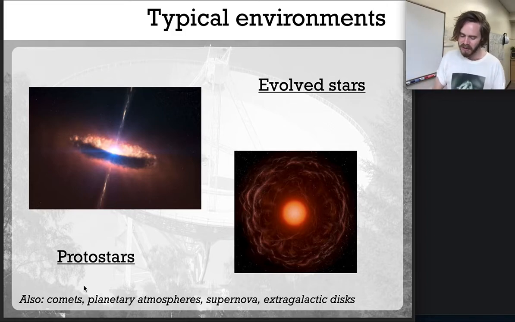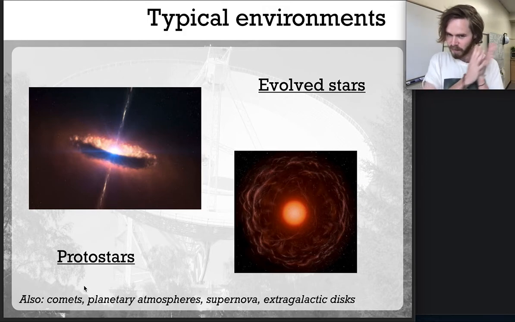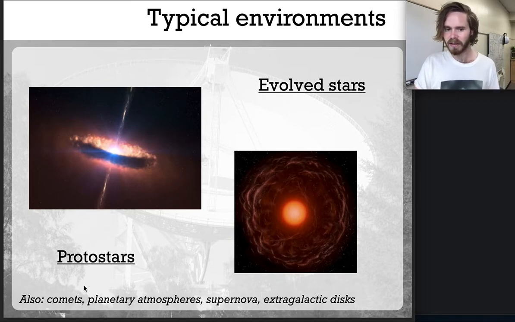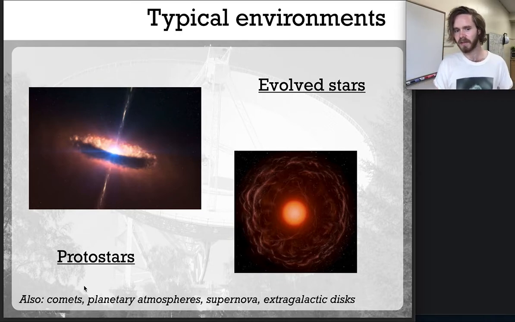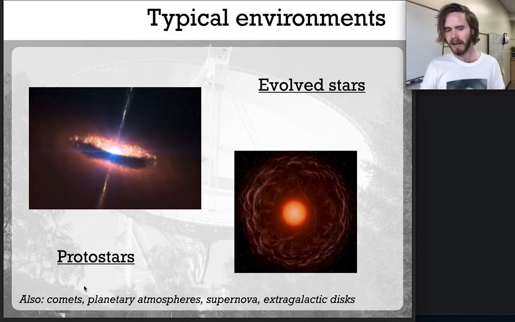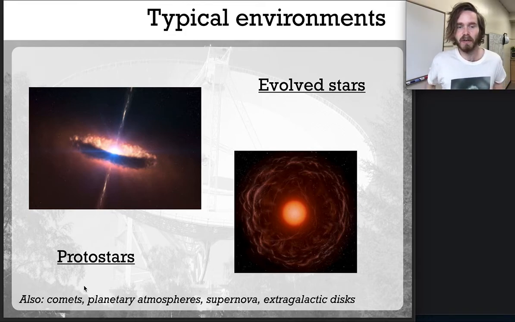The most typical contexts in which you hear astrophysical masers discussed are protostars, so star-forming regions, and evolved stars. There are also masers in comets, planetary atmospheres, supernovae, and extragalactic disks. Those are called the megamasers, the ones in the disks of distant galaxies.